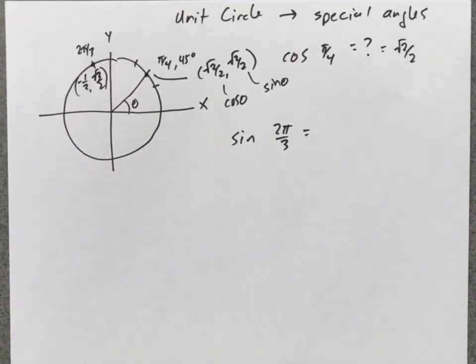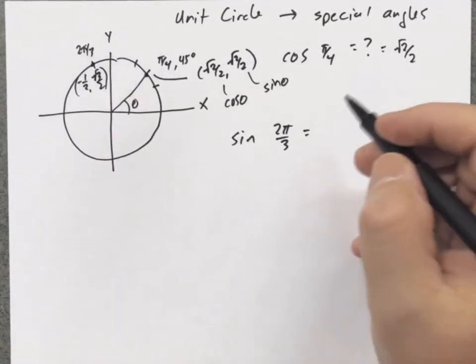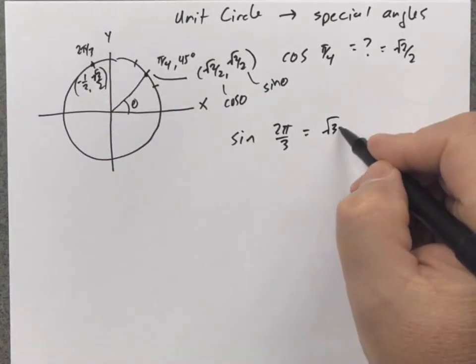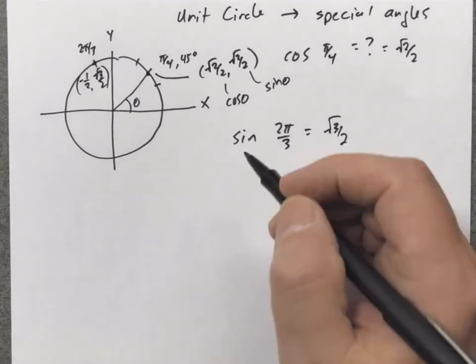Y is square root of 3 over 2. So if I'm looking for the sine, I go get the y value of that point, and right away I can say that the sine of 2 pi over 3 is square root of 3 over 2. And so on. Now they can get a little tricky.